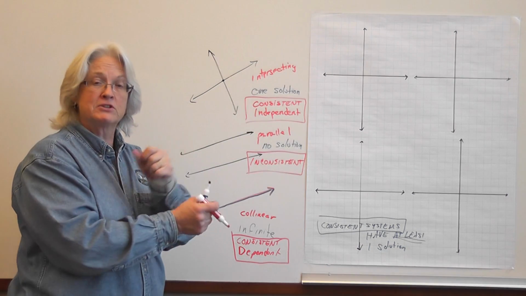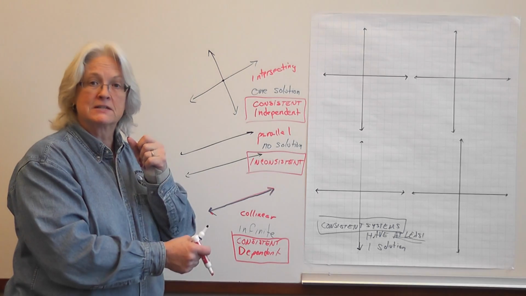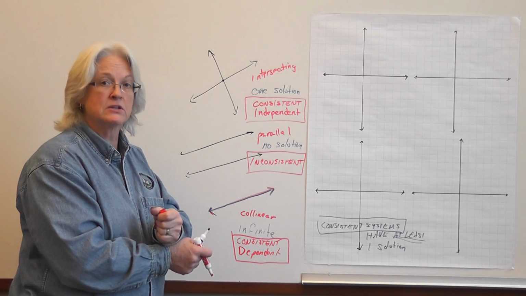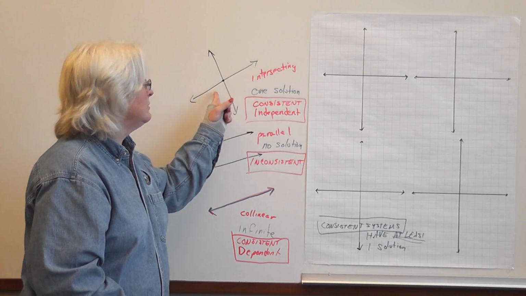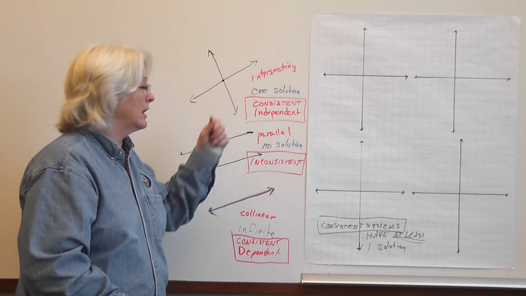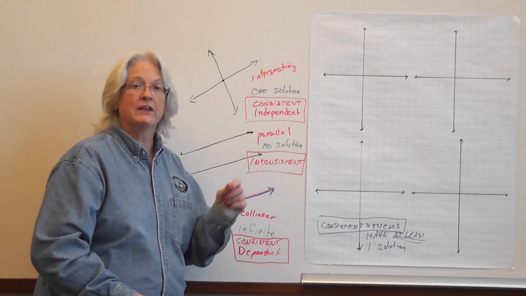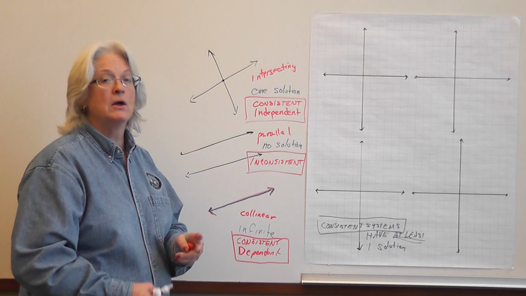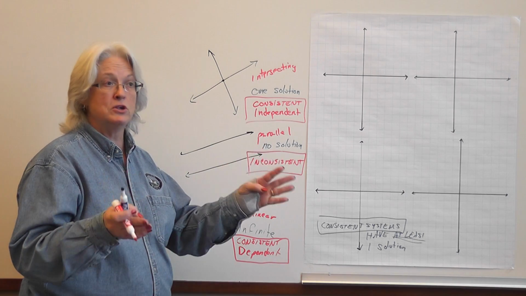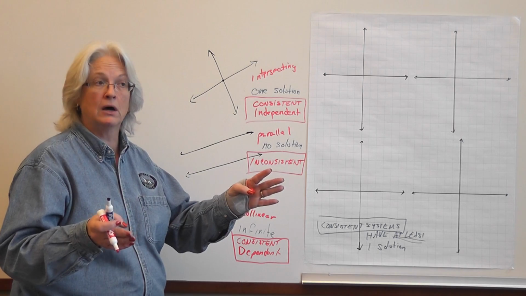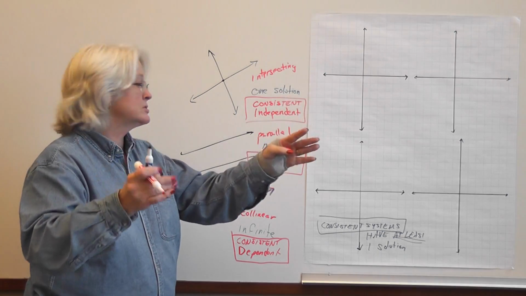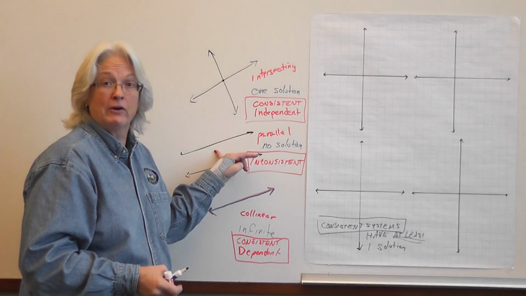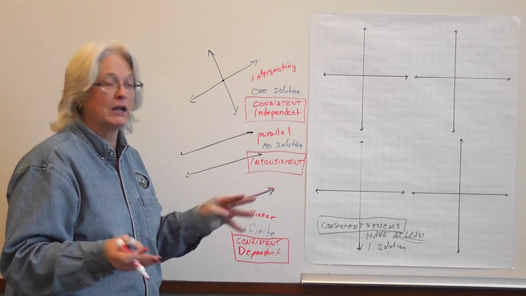Independent means that they only intersect at one point. If a system of equations is consistent and independent, you know they have to be intersecting lines. If they tell you that a system of equations is inconsistent, you need to know that means there's no point of intersection in those two lines, that they never touch, which means that those two lines have to be parallel. There's no other way that they can relate to one another.